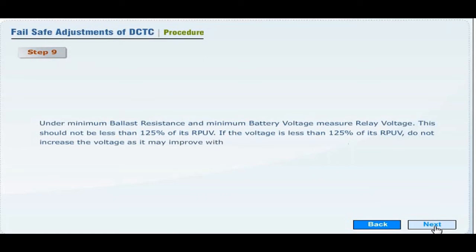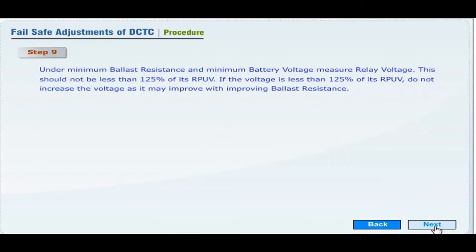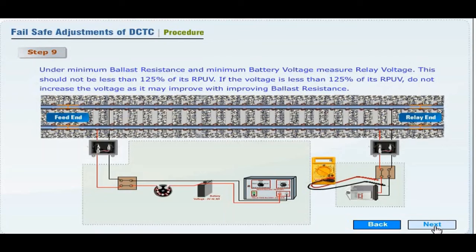This should not be less than 125% of its rated pickup voltage. If the voltage is less than 125% of its rated pickup voltage, then do not increase the voltage as it may improve with improving ballast resistance.